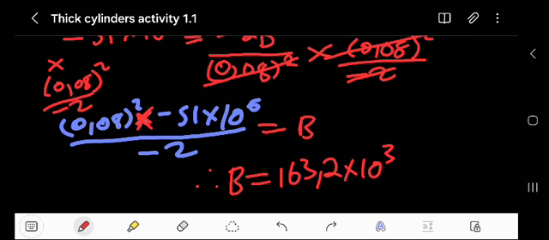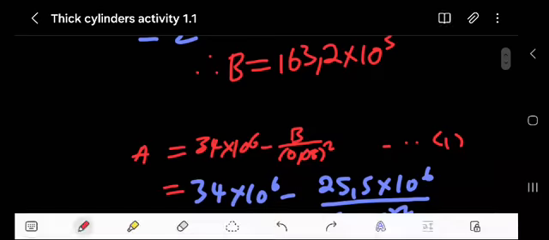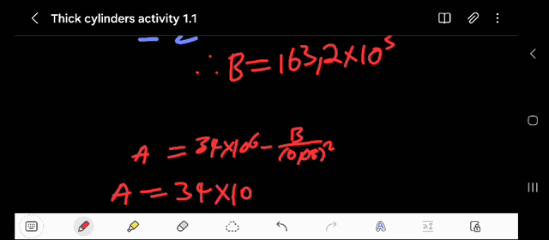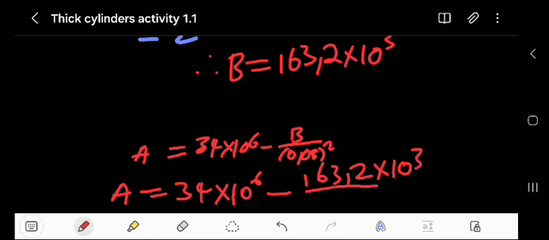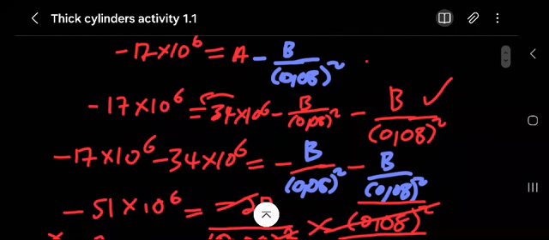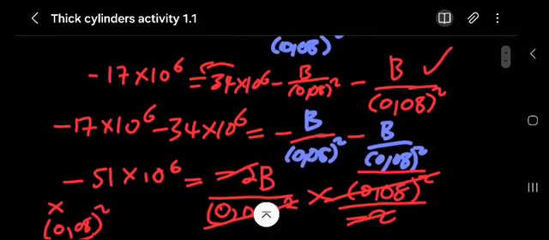Then we had this b, then a. We are still using the same formula; it does not change. If we want a, then a will be equal to 34 times 10 to the power of 6 minus b, which is 163.2 times 10 to the power of 3, divided by... first, let's check the a.